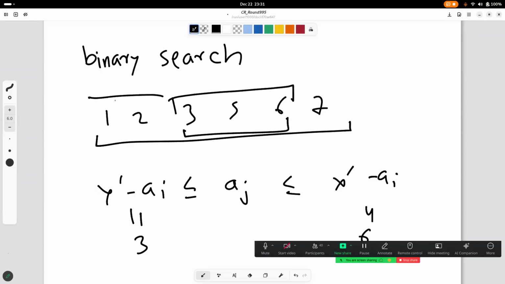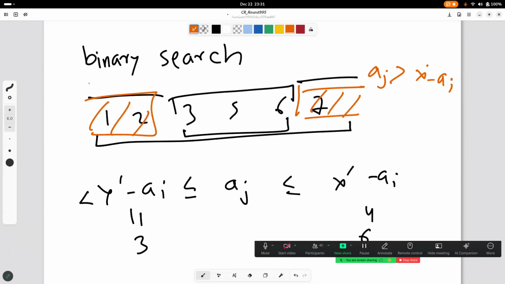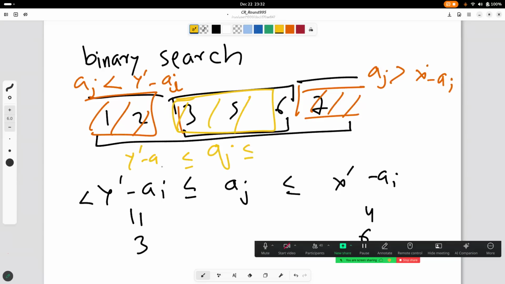Because after this part, our A of j are strictly less than y dash minus A of I, and after this part, your A of j is strictly greater than x dash minus A of I. But it's this part where our equation is satisfied. So what we can try to do is, is there some way to optimally find out what this part is?